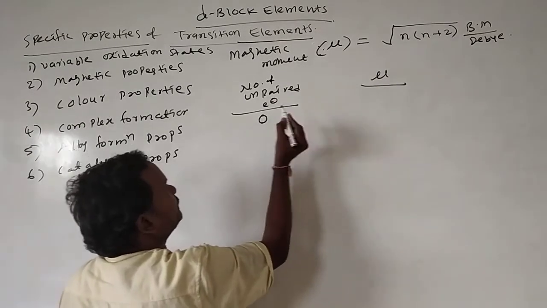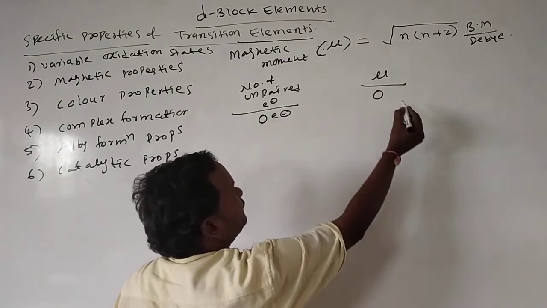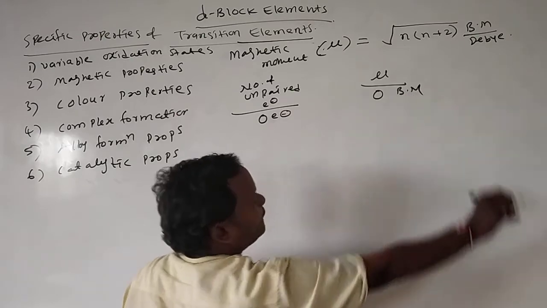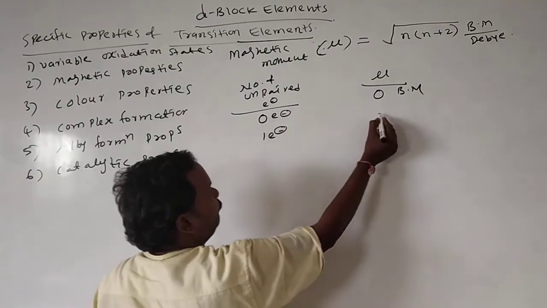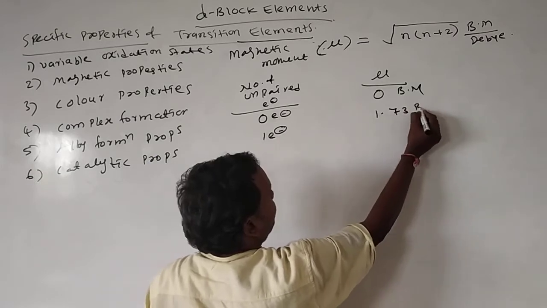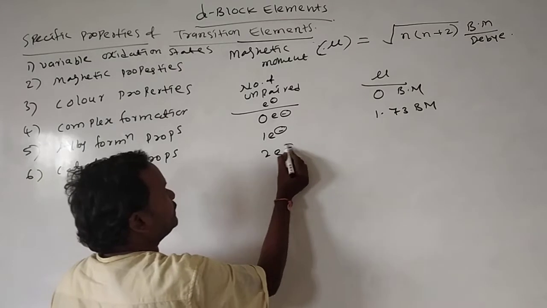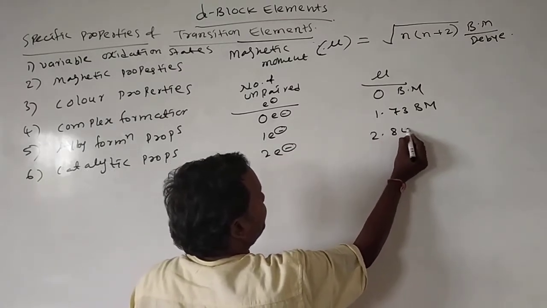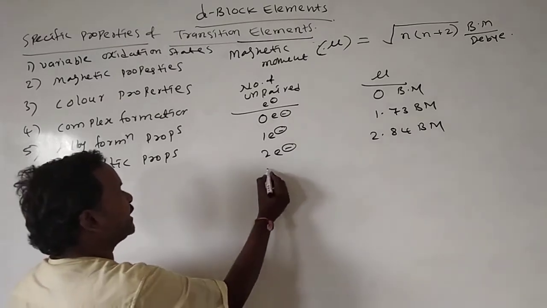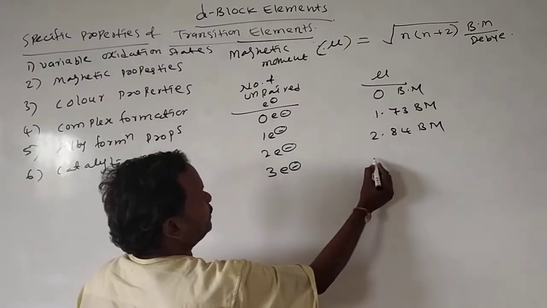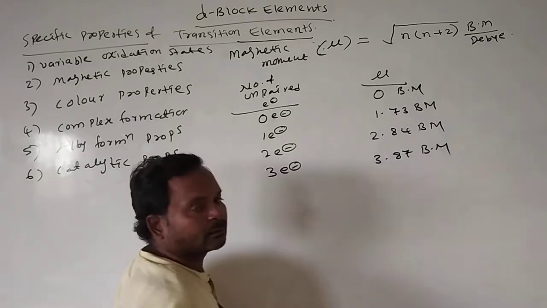If 0 unpaired electrons are present, the magnetic moment is 0 Bohr magnetons. If one lone electron is there, 1.73 Bohr magnetons. If 2 lone electrons are present, 2.84 Bohr magnetons. If 3 electrons, 3.87 Bohr magnetons.